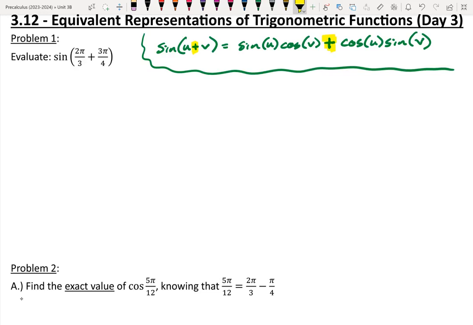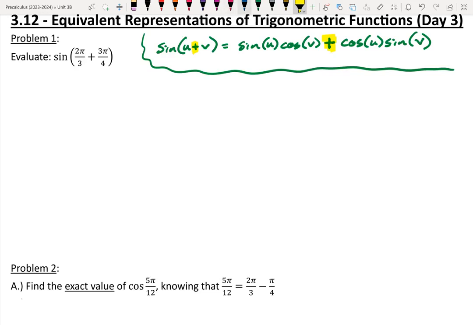Cosine, however, if you look at the cosine sum and difference, those signs change. When it's cosine of u plus v, you end up having subtraction in the formula. When it's cosine of u minus v, we end up having addition in the formula. So you want to pay attention to your signs and whether or not we're adding or subtracting both within the trig, as well as in the formula.